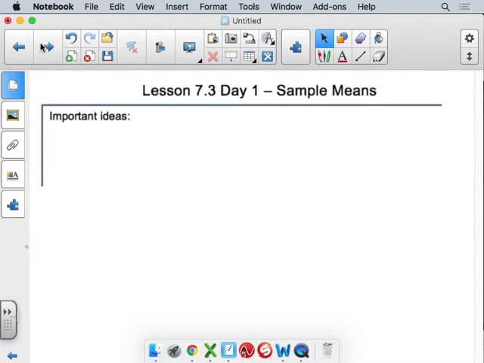Okay, let's look at the other page, the notes page. On the front, it has how tall are we? It's 7.3 day 1. I'm going to skip, and we're just going to do the example on the back. So we're going to do the check your understanding and get a check of what's going on.